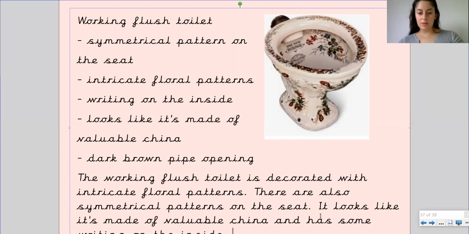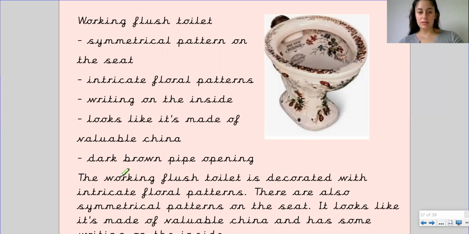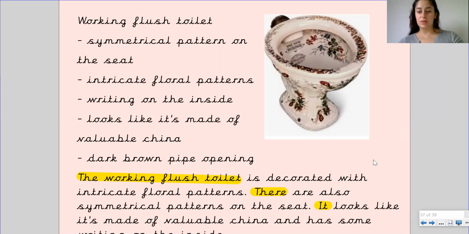Okay, I'm going to leave it at that because I don't think I'll have enough space, but you get the idea of how we've turned these few bullet points into a paragraph, and we have started each sentence in a different way. The working flush toilet, there, it. You can use any other words to start your sentence, but please make sure you don't start your sentence with and.